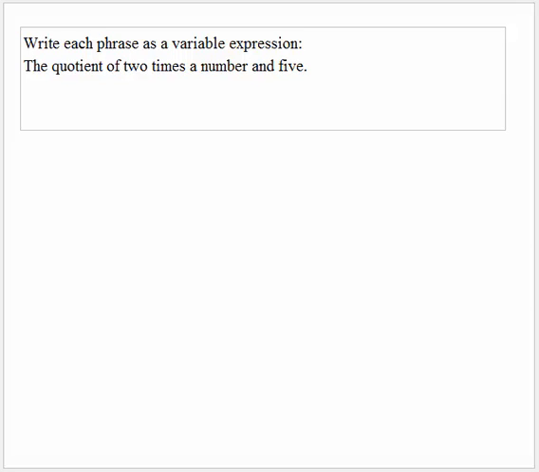The quotient of 2 times a number and 5. So 2 times a number would be 2x or 2n, whatever you want to call it.